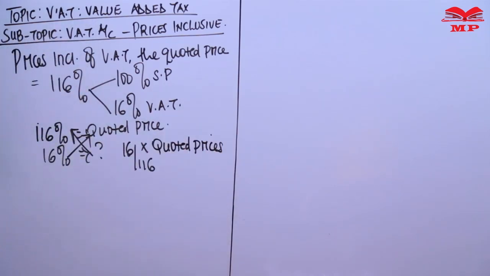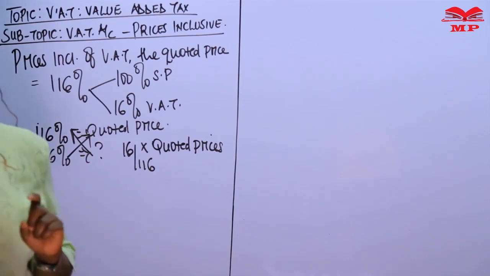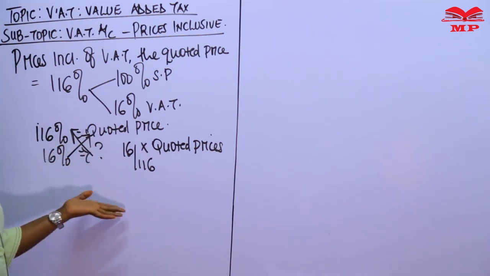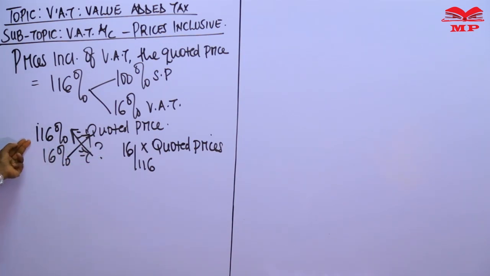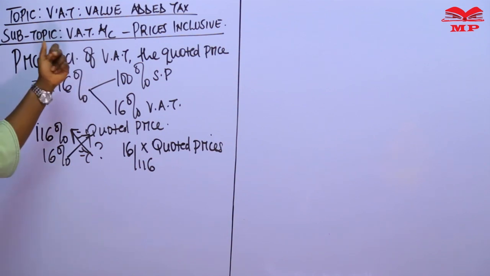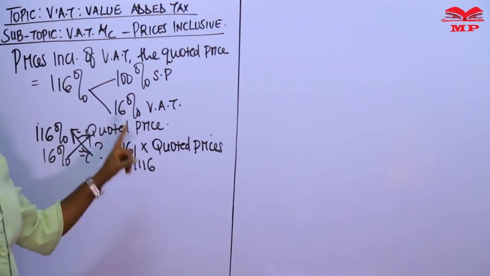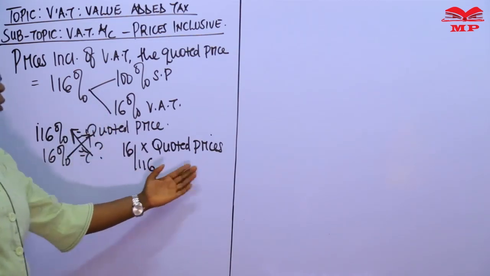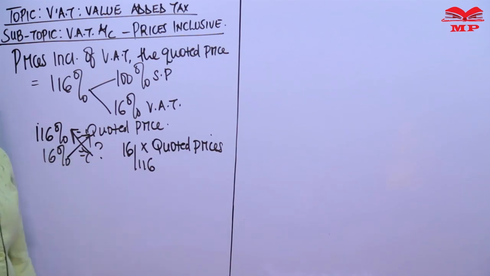For example, the first one, they purchased 10 cameras for a total of 500,000. That is the quoted price. So that 500,000 is 116%, split into the selling price and the VAT. In the VAT account you're only considering VAT, so we need to compute 16 over 116 of the quoted price to get the VAT.